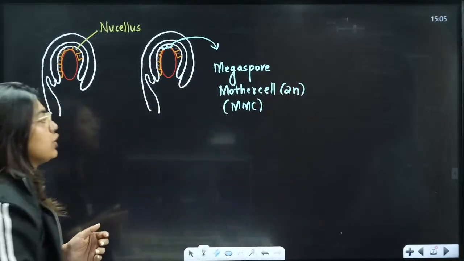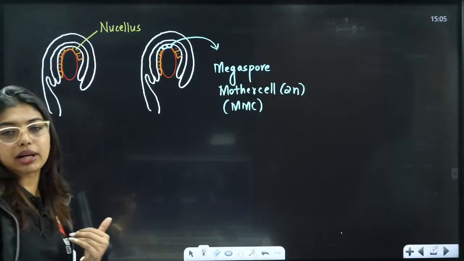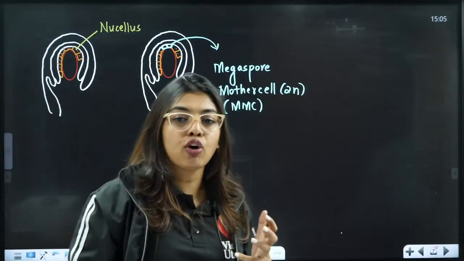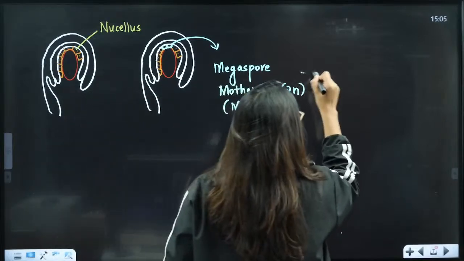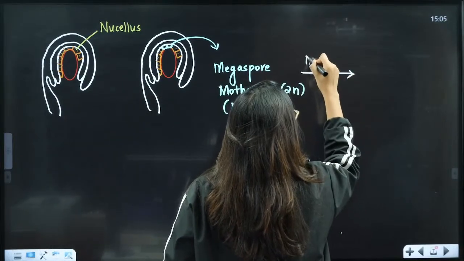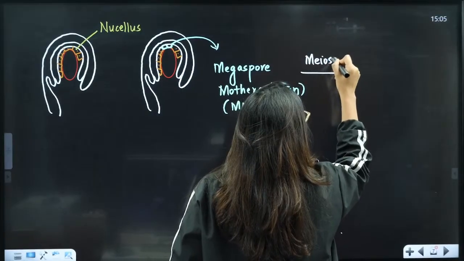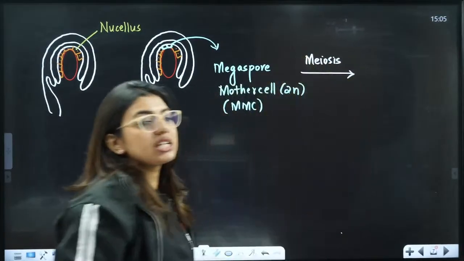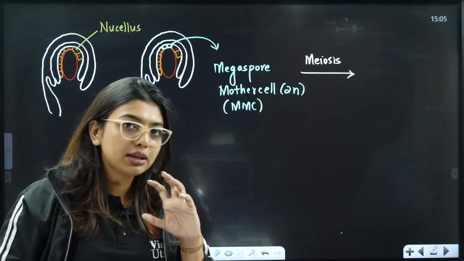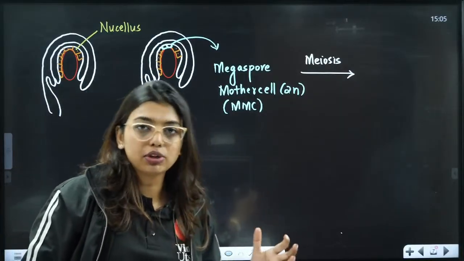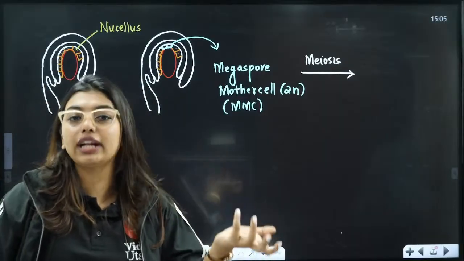One of the nucellus cells will be like, I want to become the megaspore mother cell, and it will come forward. And now what is going to happen, students? Definitely meiosis happens. In microsporogenesis, the microspore mother cell, that is the pollen mother cell, underwent meiosis, after which we got the microspore tetrad.